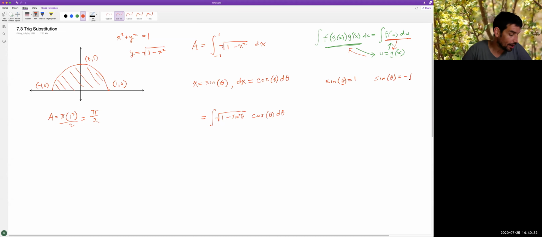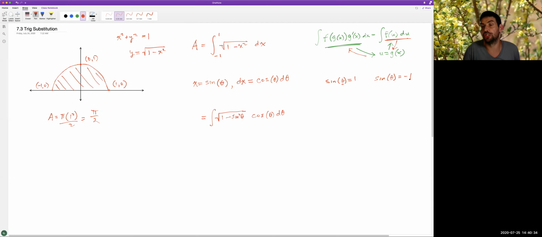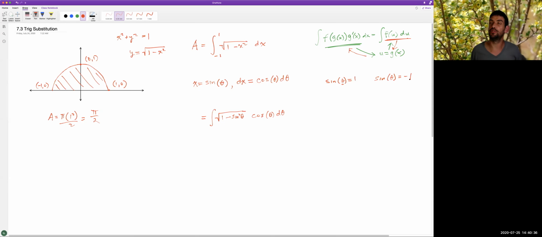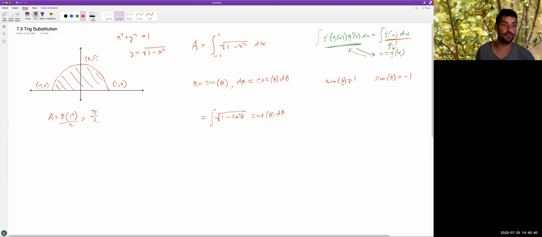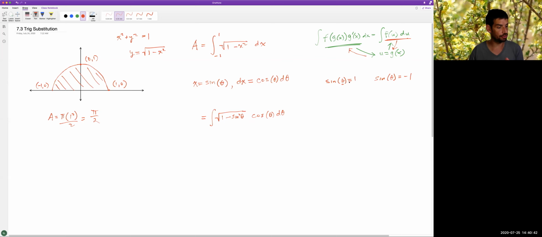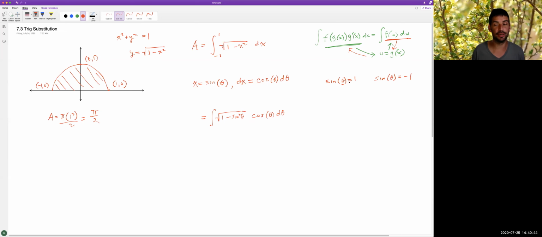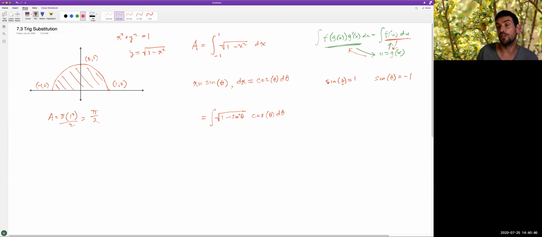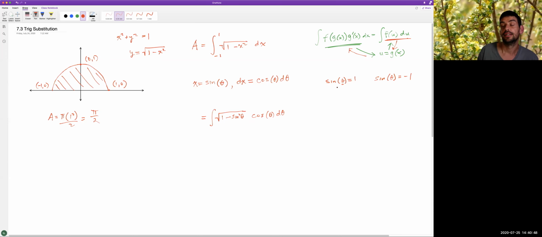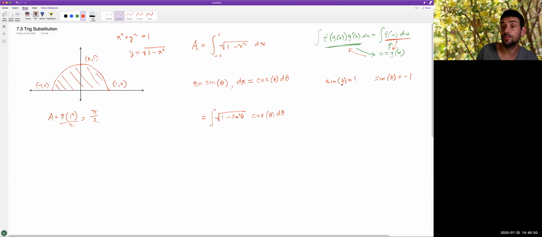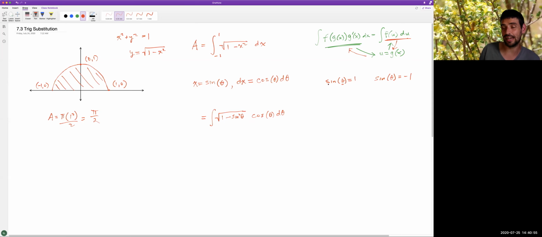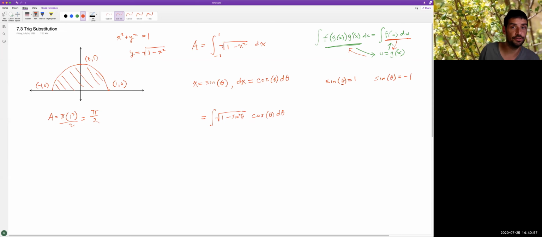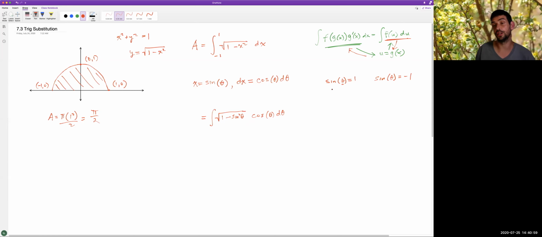One of the issues we have when we do substitutions has to do with functions being one-to-one. We want them to be one-to-one so that in the substitution there are no complications where you're doubling up values. The way we make sine one-to-one is by restricting its domain, because as it is right now, there are an infinite number of solutions to the equation sine of theta equals 1.